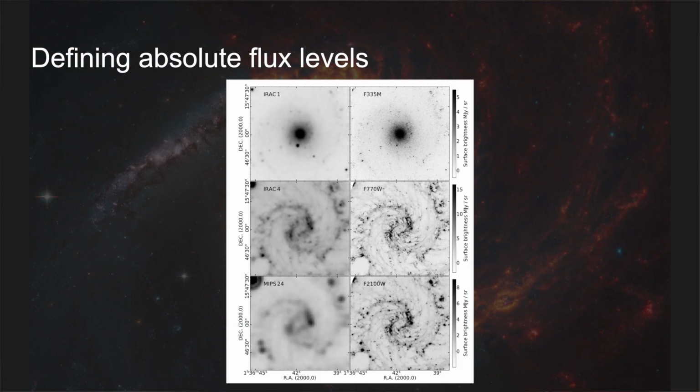Finally, because our observations cover the centers of galaxies, we typically don't have a true background to define a zero flux level. So, to get absolute flux levels, we compare to existing large field observations, which are either Spitzer or WISE if Spitzer imaging is not available.